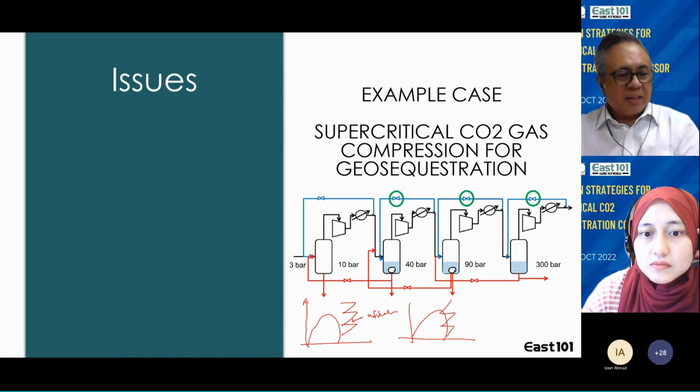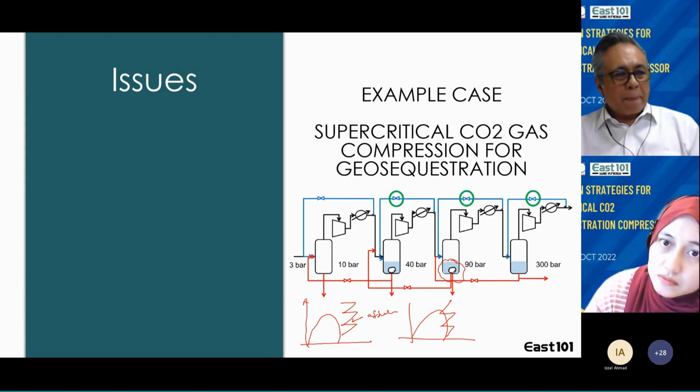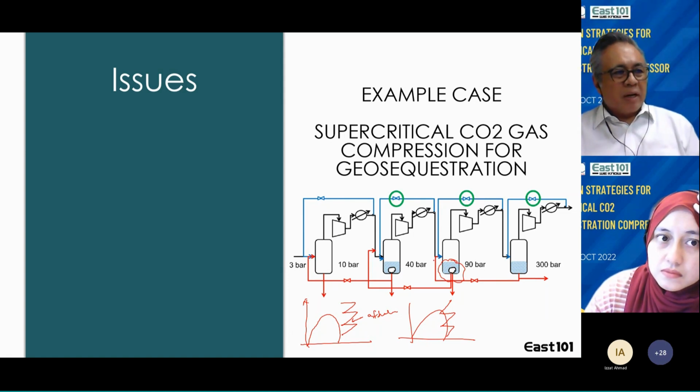What happened is we get liquid after the discharge cooler. Normally what you want is to stay within the vapor region, so that we can go to the next stage. After you set it, you get the vapor and you go to the next stage, correct?